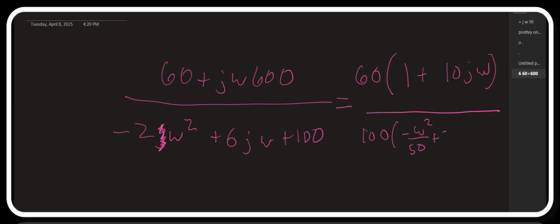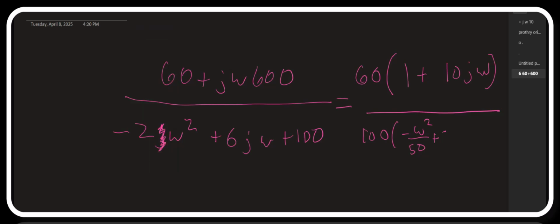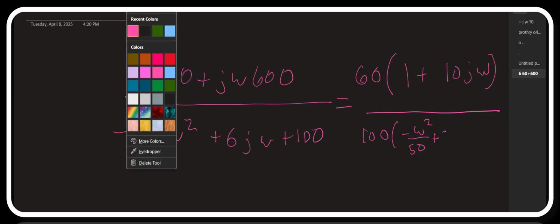This is not the problem I meant to do. Let me see what I really meant to do. I didn't want something with such unpleasant numbers.